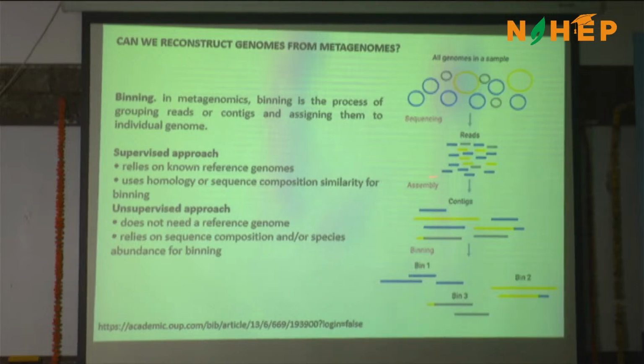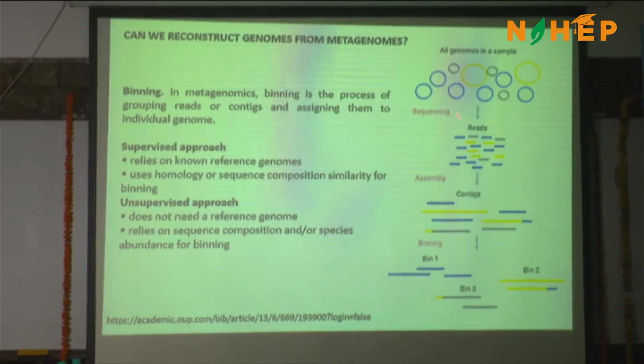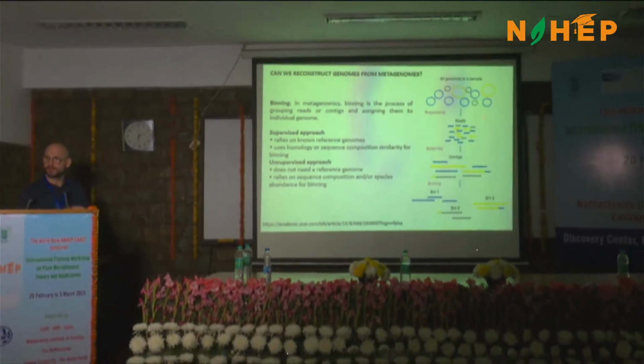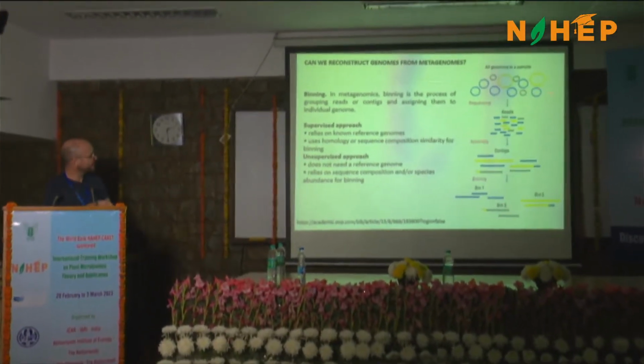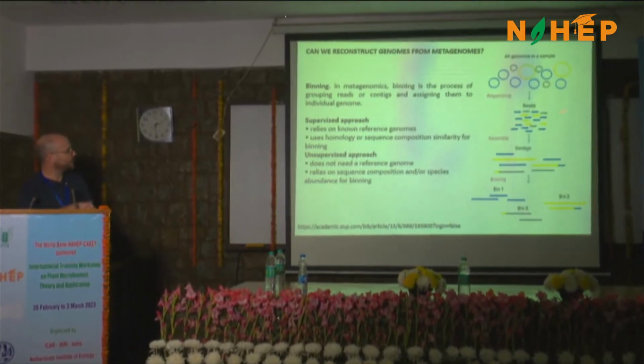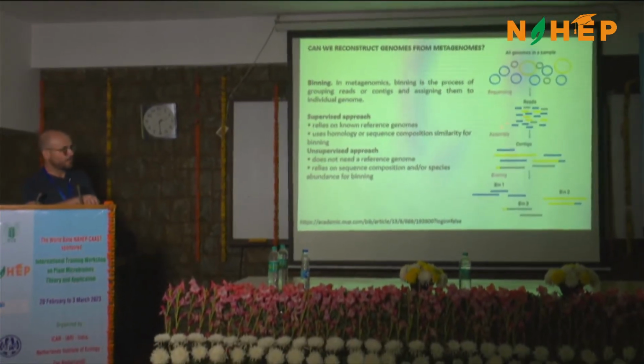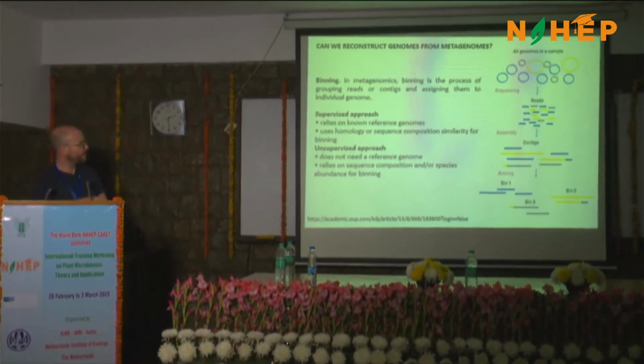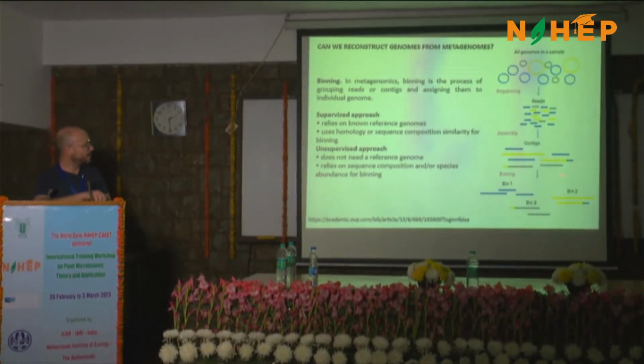Okay, so here we have this diagram where you have all the genomes that are in your sample, in your particular environment. So then what we do is we sequence them, and then we generate contigs. You all know how to perform an assembly, and then we do what we call binning.